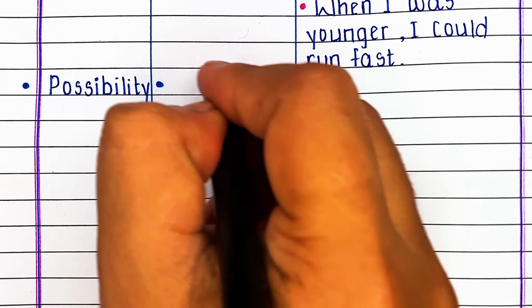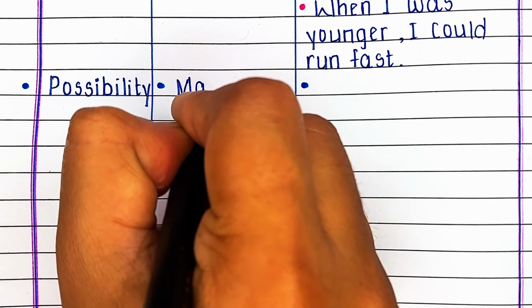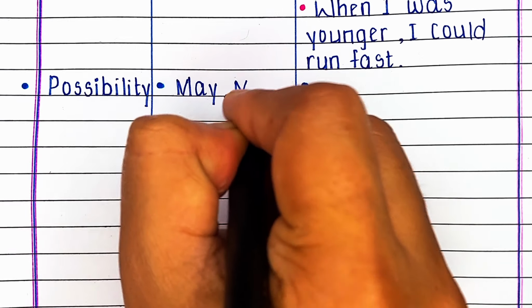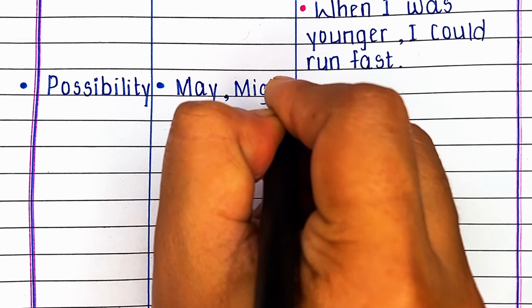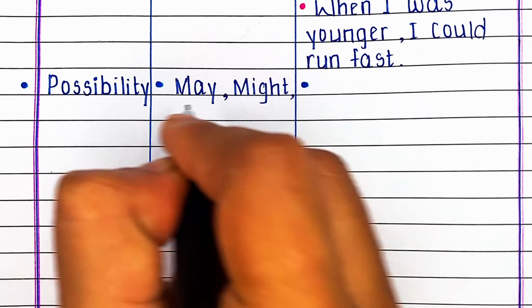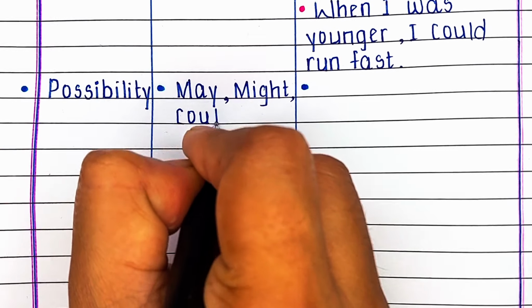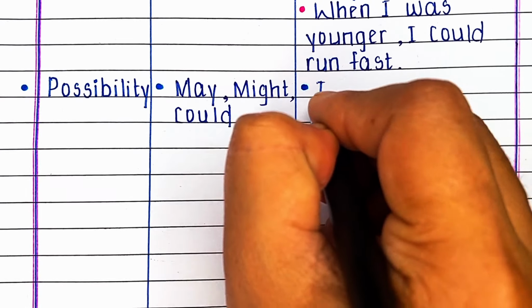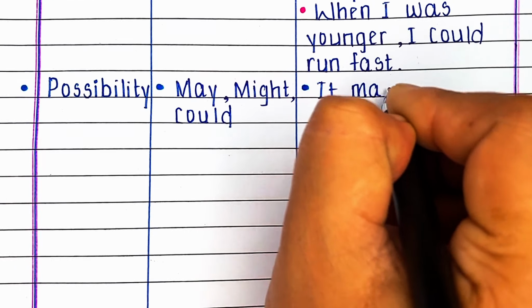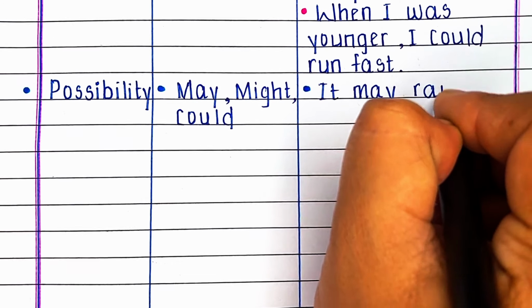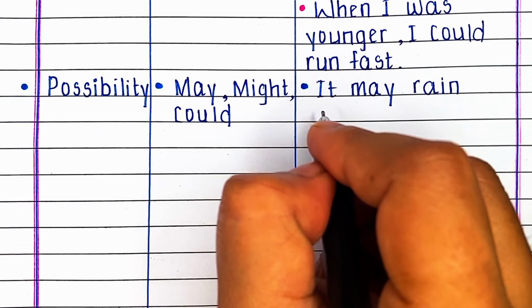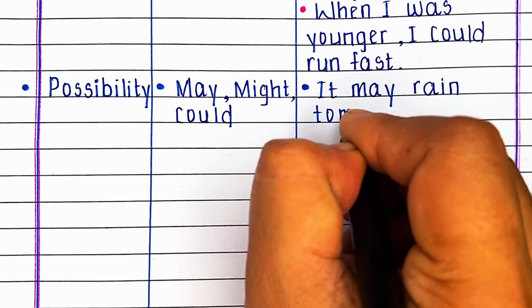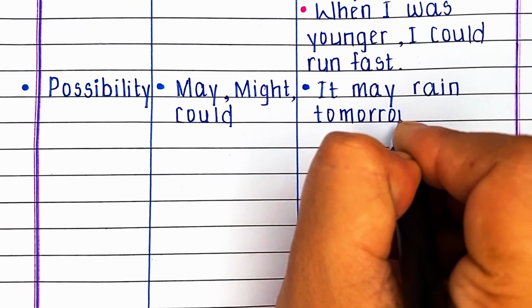Next function is possibility. The modal verbs can be may, might, and could. First, let's go with may. Example is, it may rain tomorrow.